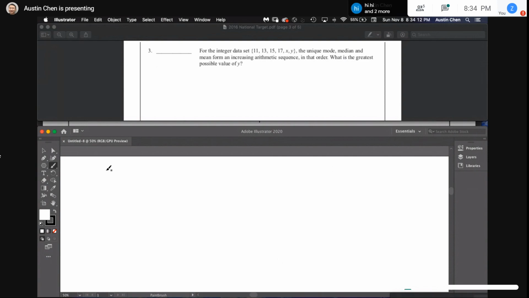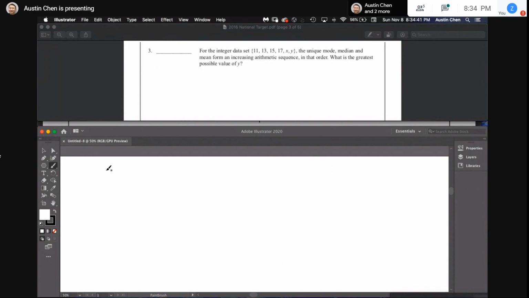And if there's a unique mode, it means there's no other number that occurs as much as that number, right? Which means x or y have to equal one of the 11 through 17 numbers, but they can't both equal different ones.